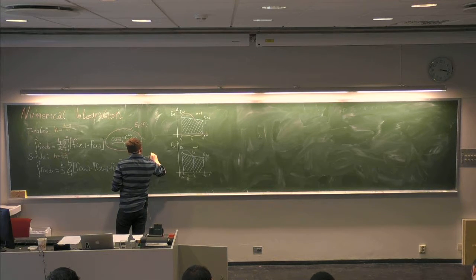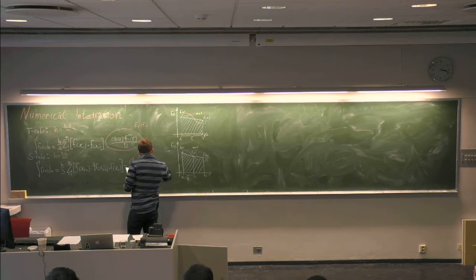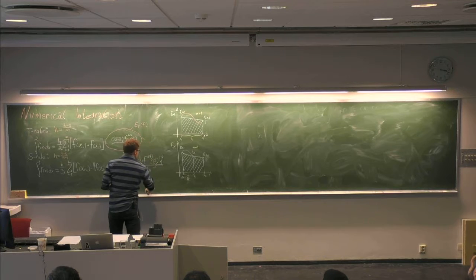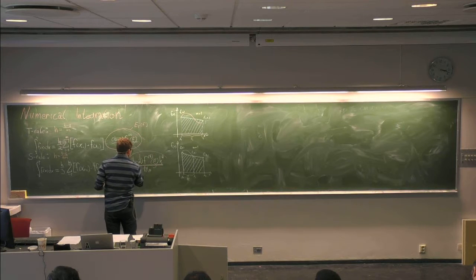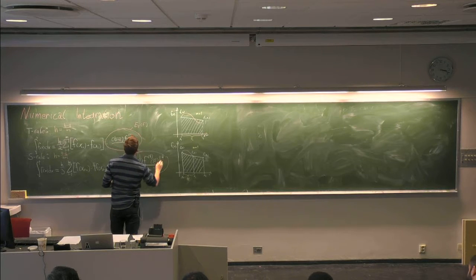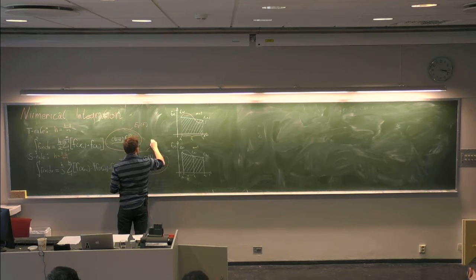But you will see that this is a fourth order method. Instead, the error is h to the 4 divided by 180, oops, we need the negative sign as well. So this is the error in the Simpson method.